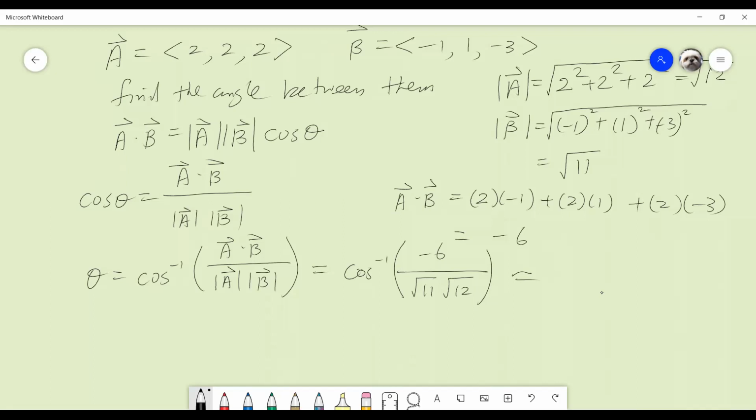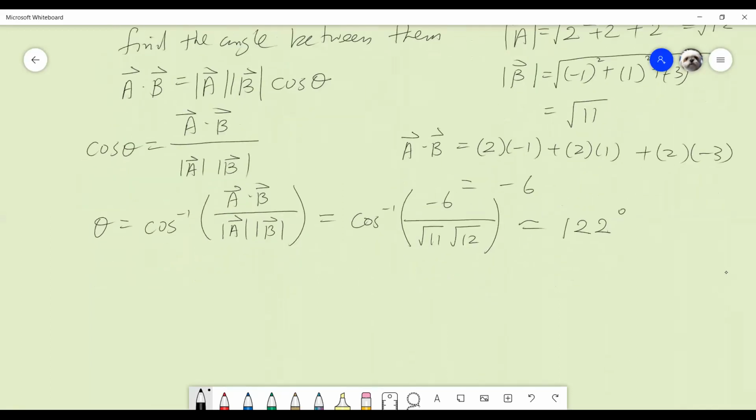Did you get that? Approximately like this. Good. Now that's one way, and you can use the dot product to find the angle between two three-dimensional vectors.